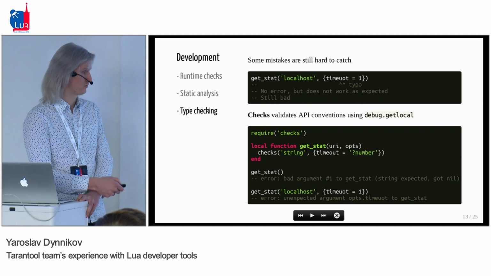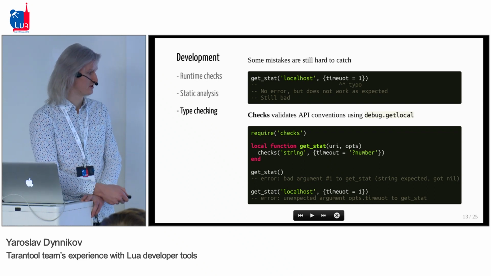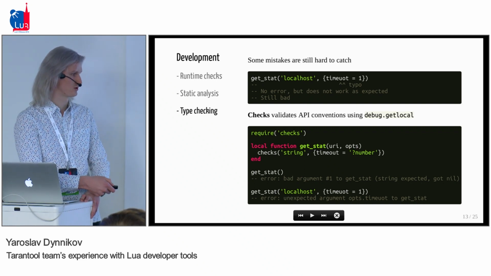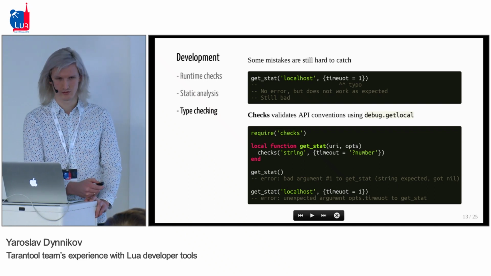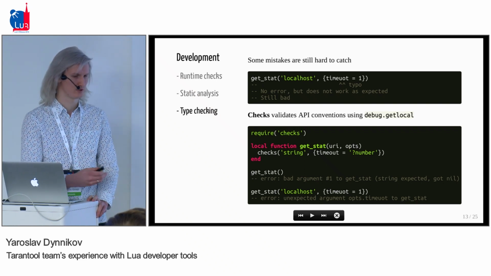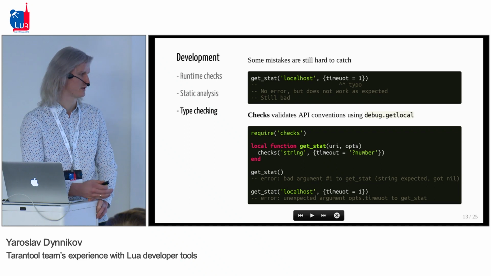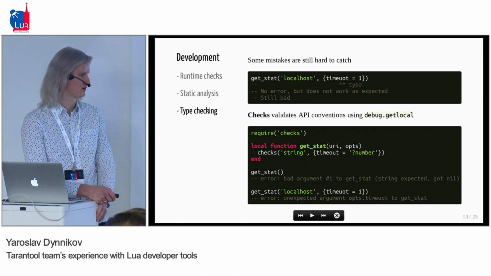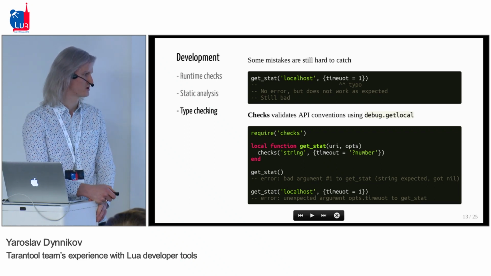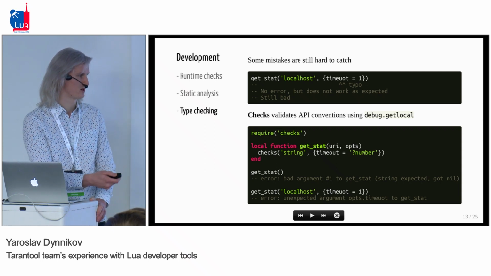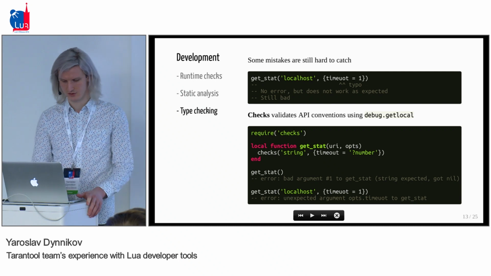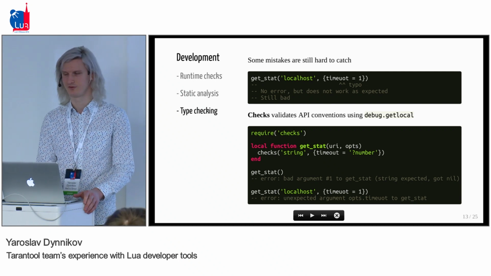For example, without arguments, you get an error message: bad argument to getStat, string expected, got nil. That's perfect. We see where the error was and we go to fix it. And for options with a mistake, it says unexpected argument timeout, with a typo.